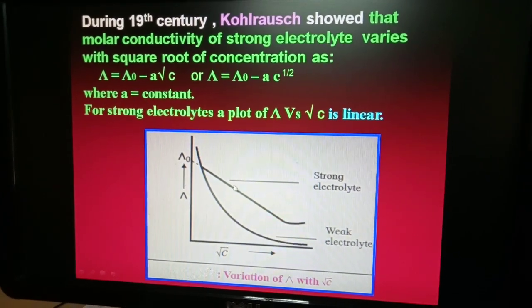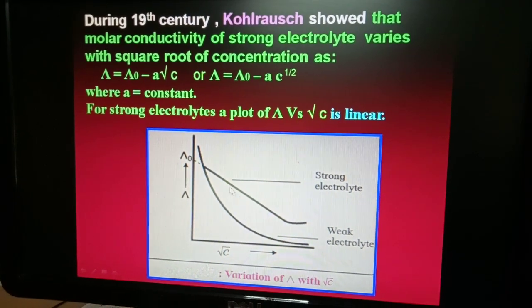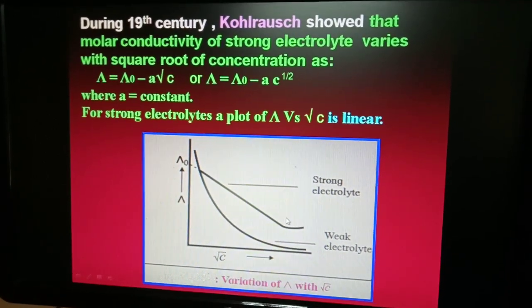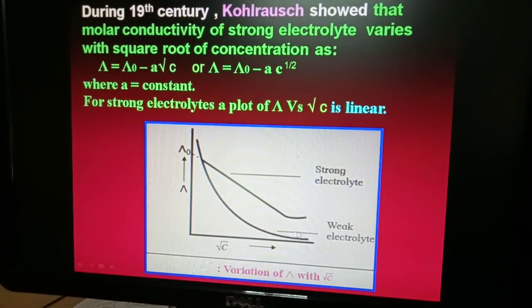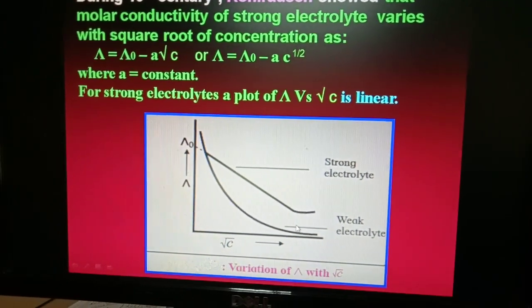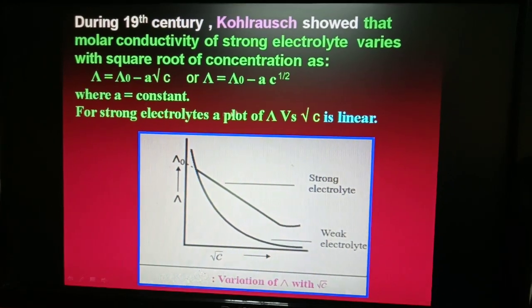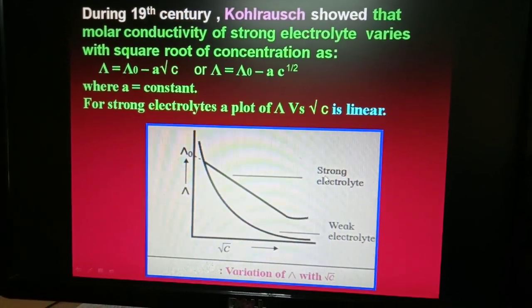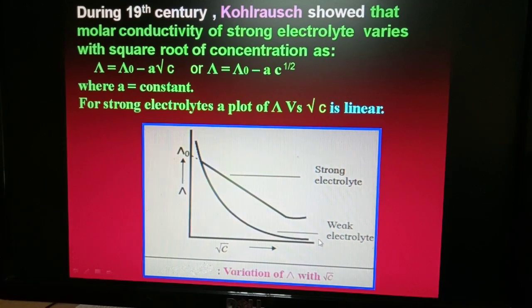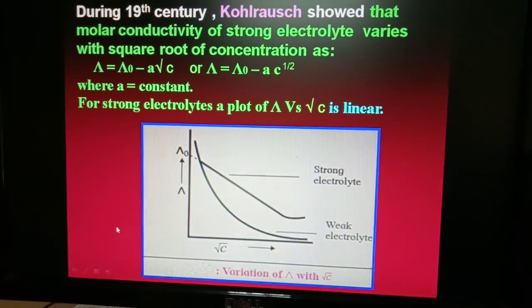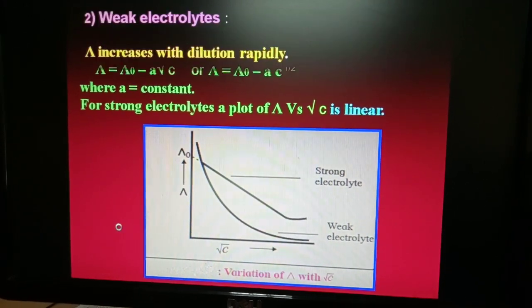The graph for a strong electrolyte appears to be almost linear, whereas for a weak electrolyte it is not linear. Thus, Kohlrausch concluded that this method is applicable only for strong electrolytes and not for weak electrolytes because the graph obtained is not linear.